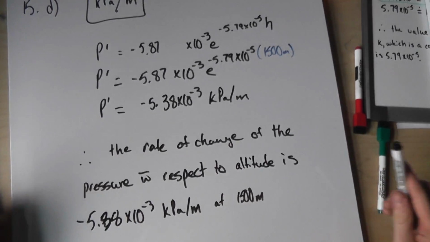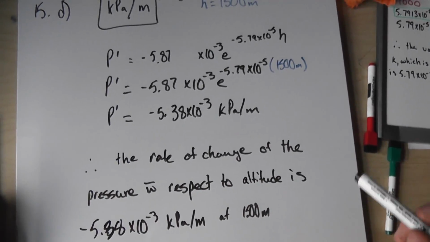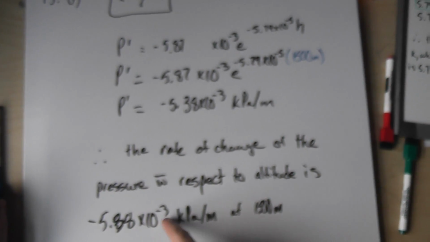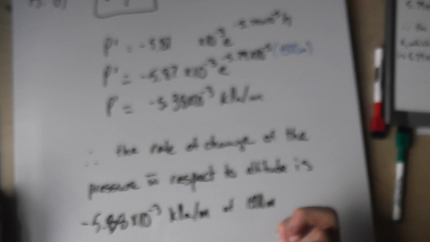So this is telling us that at every meter the pressure is decreasing at 5.38 times 10 to the negative 3 kilopascals at a height of 1,500 meters.